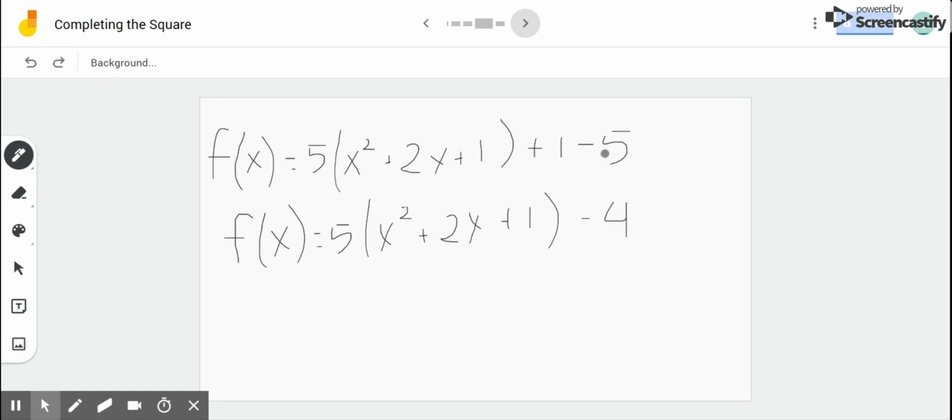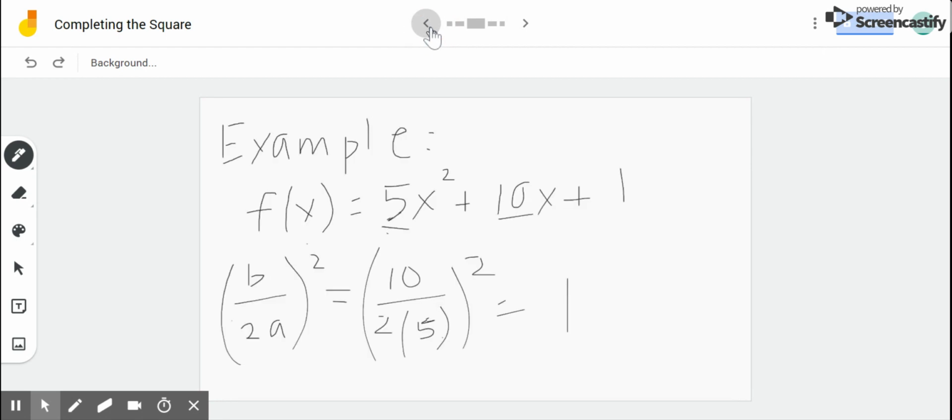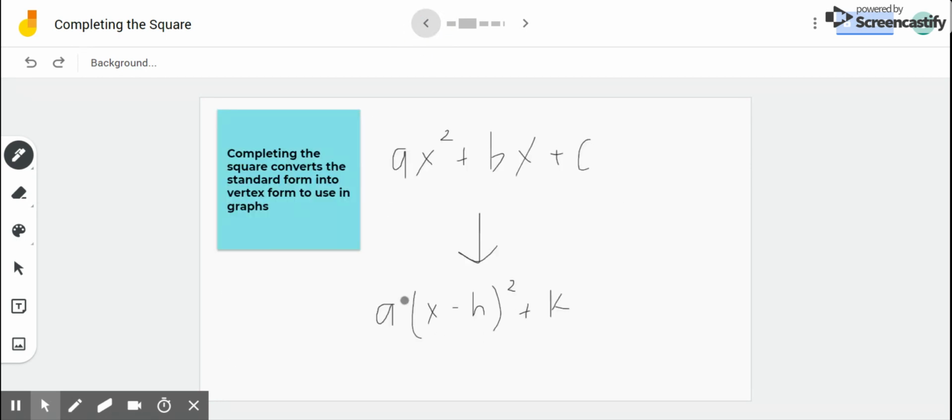So now you want to simplify this, and we get 5 times the quantity x squared plus 2x plus 1, minus 4. Now we want to change this into x minus h squared, if that makes sense, because we want to change it to this, like I said in the beginning.